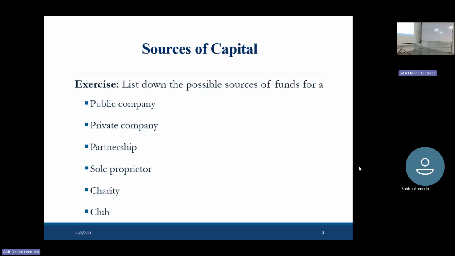If it is a private company, what are the sources? They also can issue shares. But what is the problem? What is the limit between a public company and a private company? A private company also can issue shares, even debentures. But what is the limit?